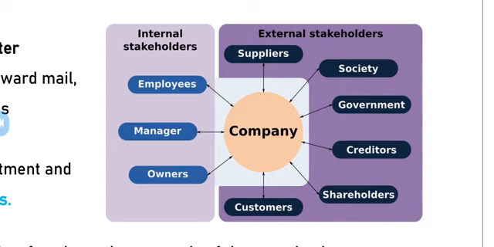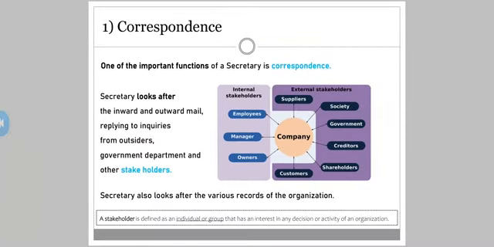The internal stakeholders are employees, managers and owners. The external stakeholders are suppliers, society, government, creditors, shareholders and customers. These are the different stakeholders with whom the secretary does correspondence, that is, written communication. So one of the most important functions of the secretary is doing correspondence.